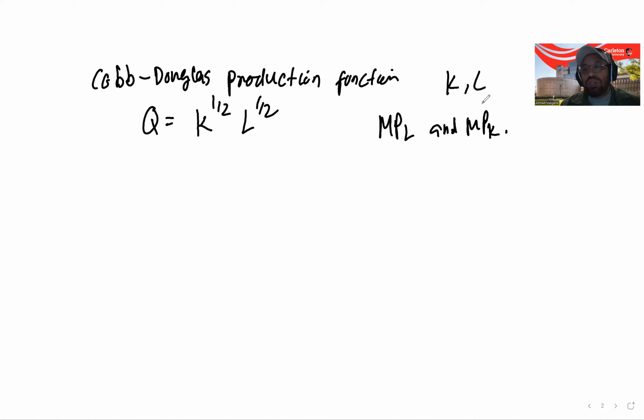Now, I have a question for you. Pause the video, write your answer, and then come back and see if you're right. Can anyone tell me mathematically what is the marginal product of labor?